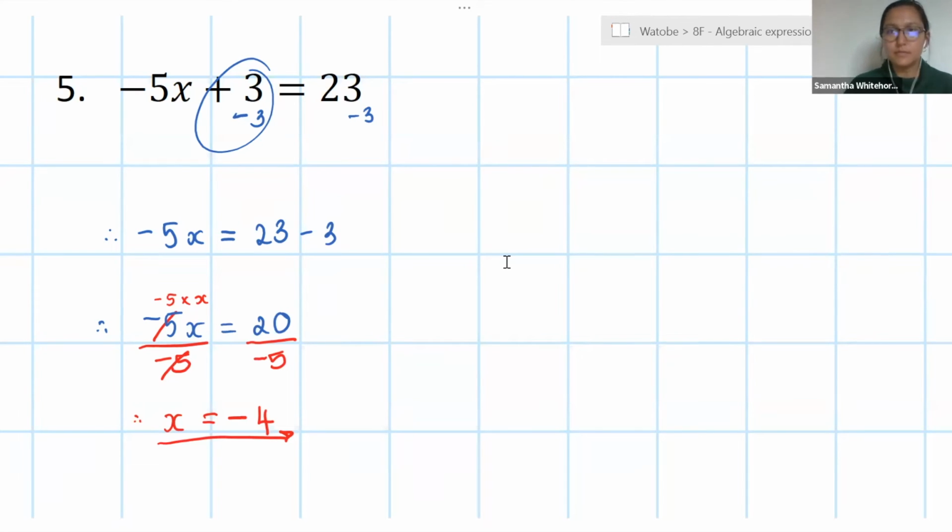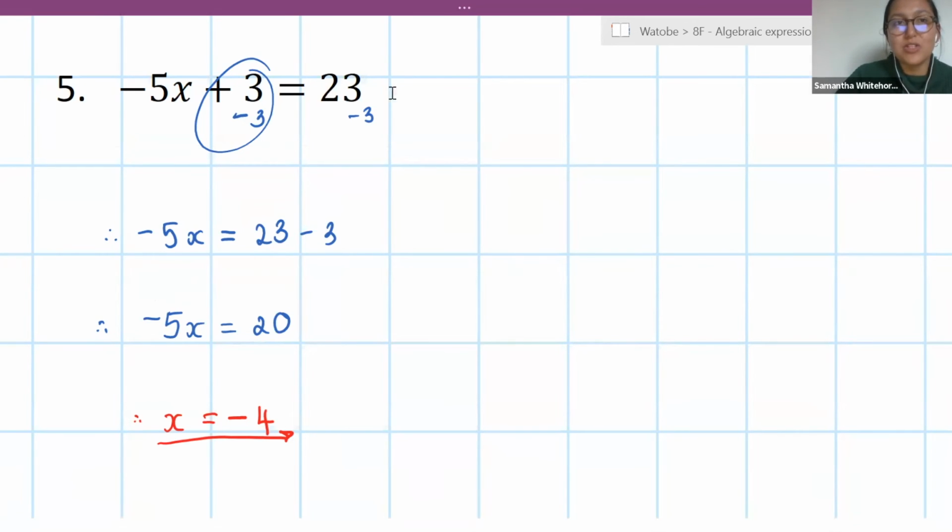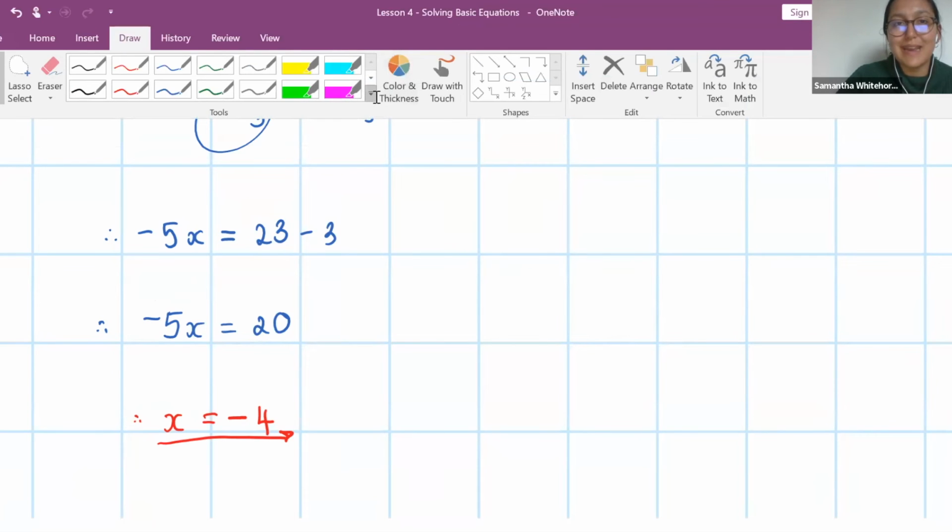And then underneath, I don't know what you wrote, 75 or... Okay, so underneath, sorry, let me write it a bit neater. If I've got minus 5x equals 20, what I now want to do is divide both sides by -5 so that I can get the x alone.